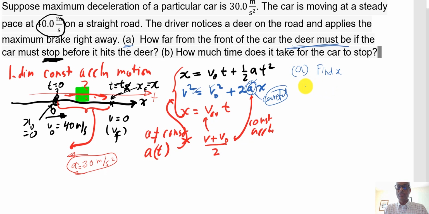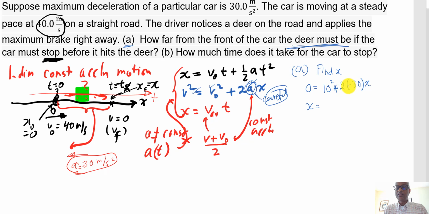So this is 0 equals 40 squared plus 2 times minus 30 times x.